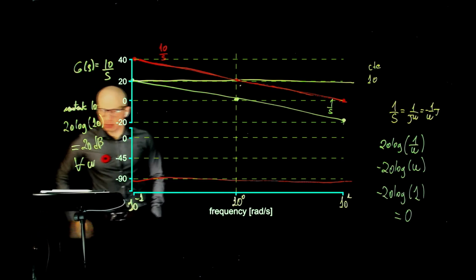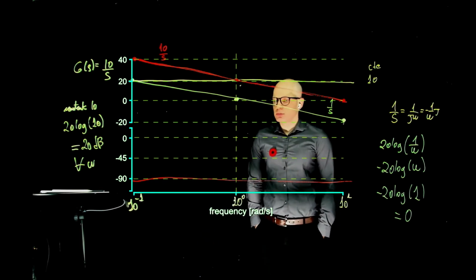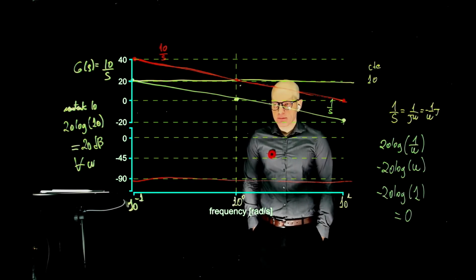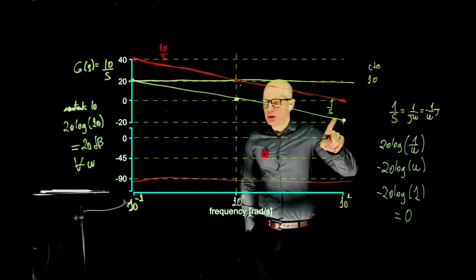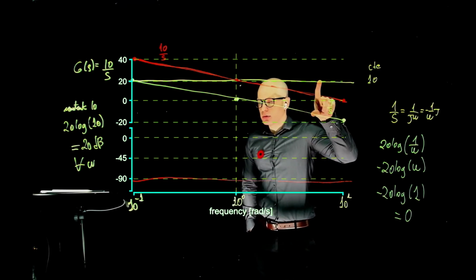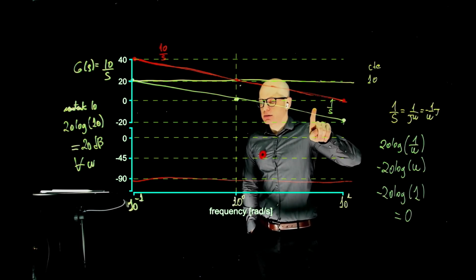Other questions? Yeah. The plot for 10 over s from 1 over s, what did you do? Sorry, which one, the 1 over s? In red, how did you get it from the plot in yellow, the 1 over s? The 1 over s is this one, right? This line is the 10. So when we multiply them to get 10 over s, that is the same in log scale as this plus that.